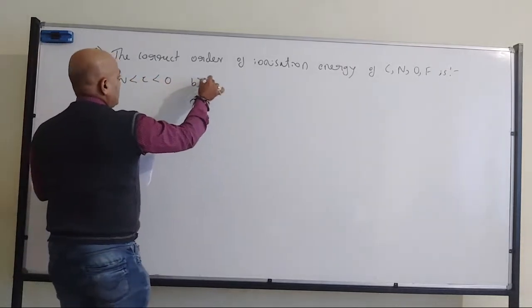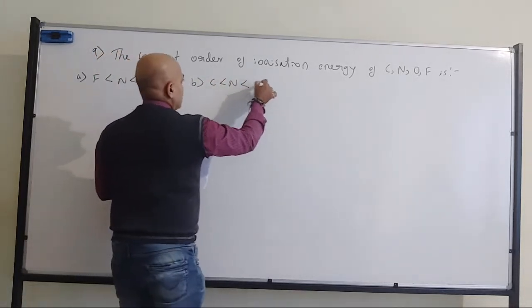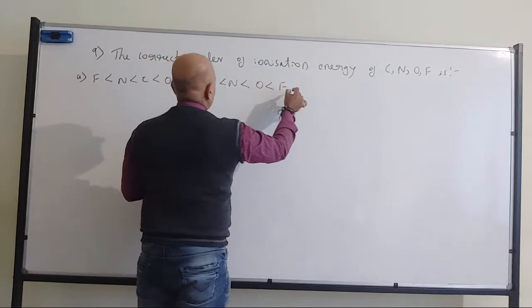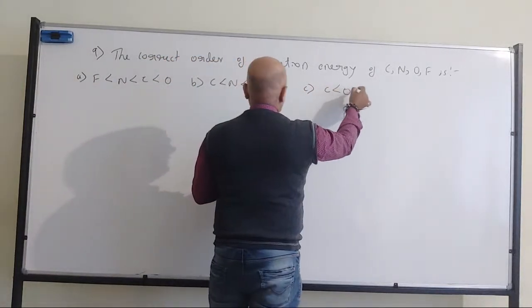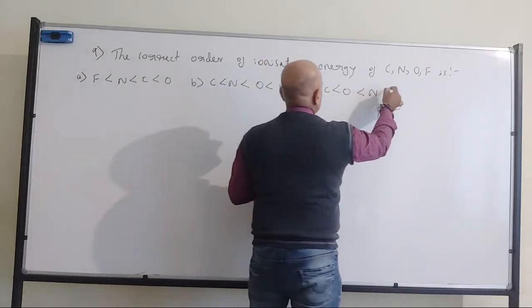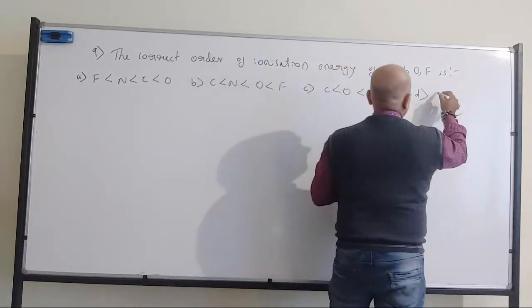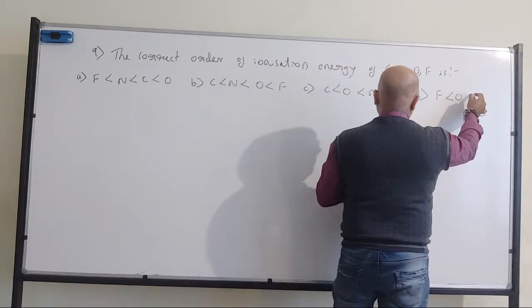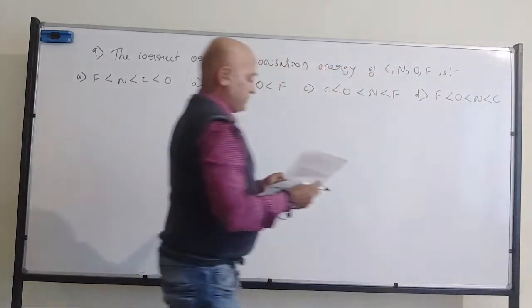Option B, carbon less than nitrogen, less than oxygen, less than fluorine. Option C, carbon less than oxygen, less than nitrogen, less than fluorine. And option D, fluorine less than oxygen, less than nitrogen, less than carbon.